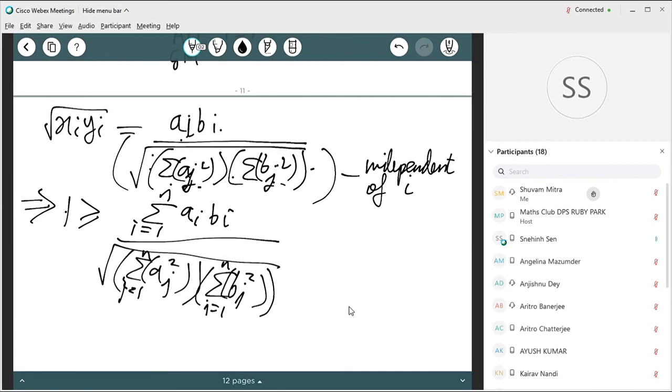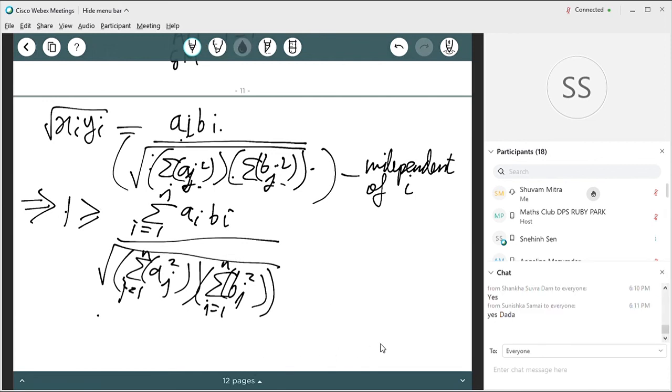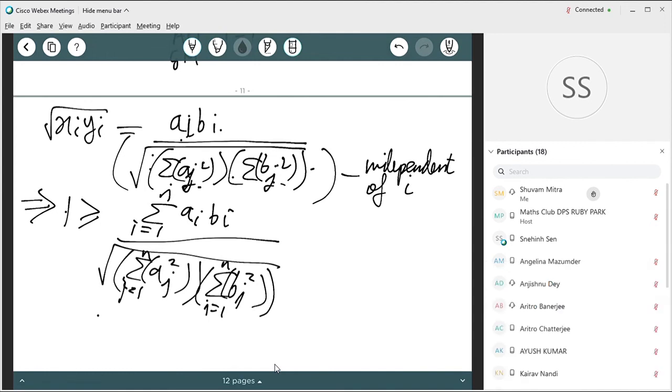So is this clear how we got this term? Yes. Okay. So this would imply this denominator is greater than or equal to the numerator, as both of them are greater than 0.